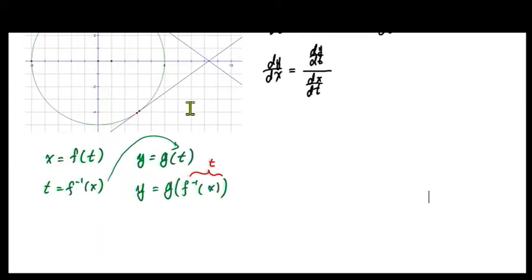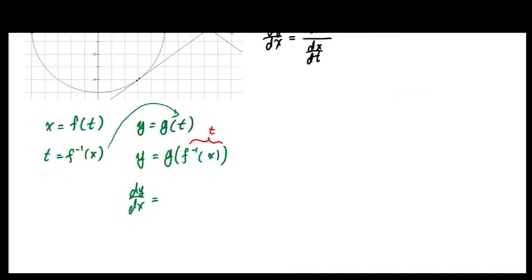Good, good, good. Now we take a derivative. So dy over dx. Let's first write it in Newton's notation because that's easier to understand. That would be g prime of f inverse of x. Remember our chain rule, unchanged. Then the derivative of the inside function. Good. Say yes.